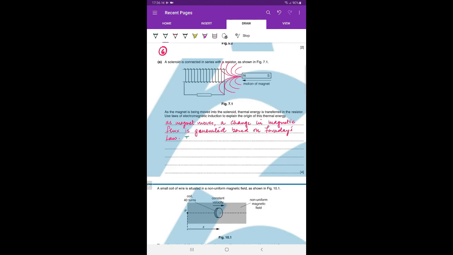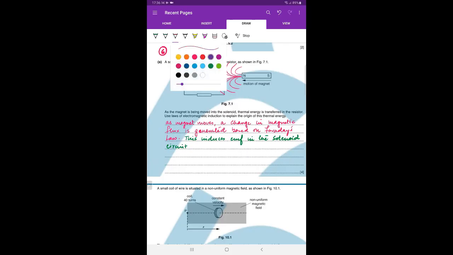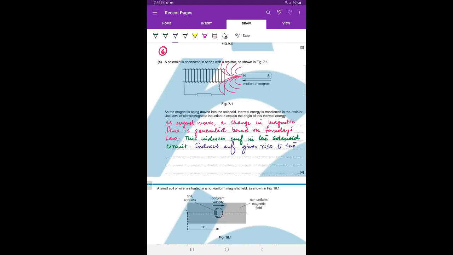Second point, this induces e.m.f in the solenoid circuit. Third statement, induced e.m.f gives rise to the flow of induced current.